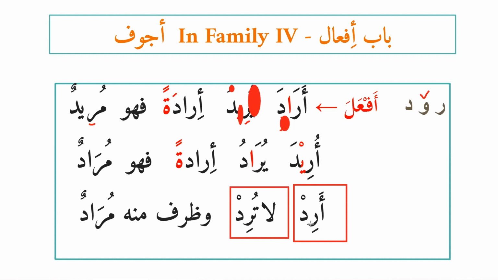So wherever lightest form is there, and you have sigha of that group, af'alul arba, the group in which you have dhamma at the end in present form. Okay. Yuridu, turidu, uridu, nuridu. So in all these 5 forms, you will get the vowel dropped in majzoom form.